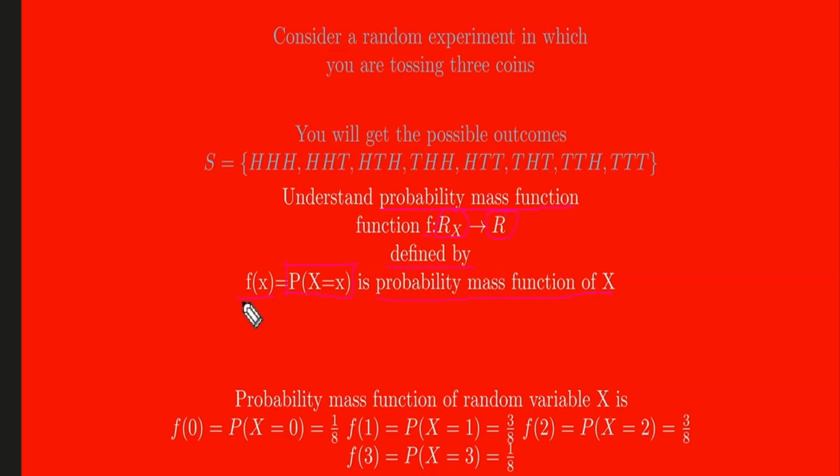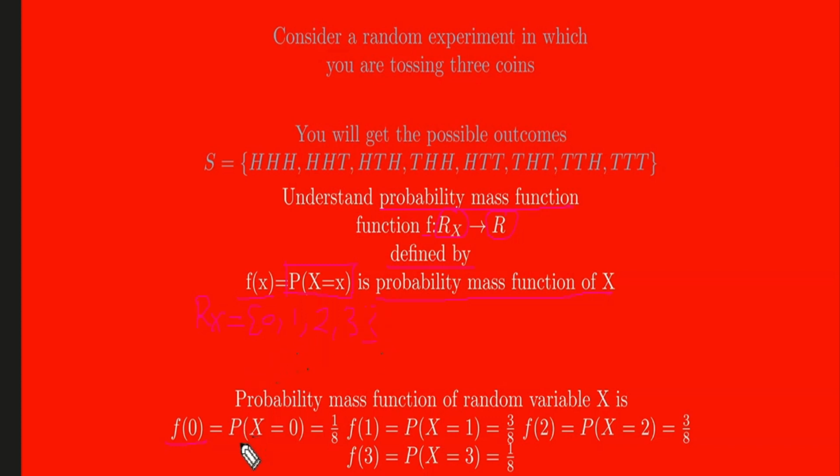Now let us understand it by an example. See that here, if I put f(0), remember that Rx is equal to 0, 1, 2 and 3.